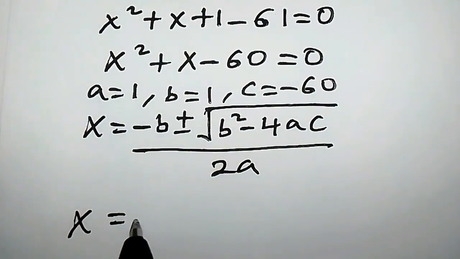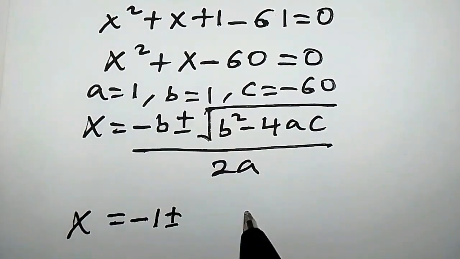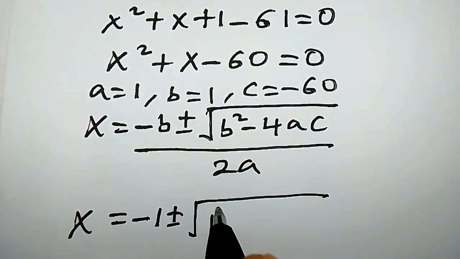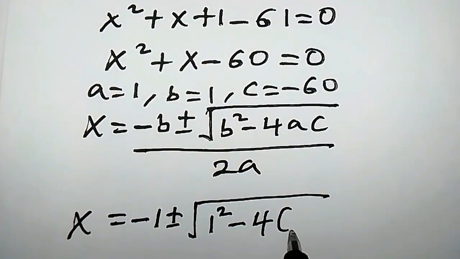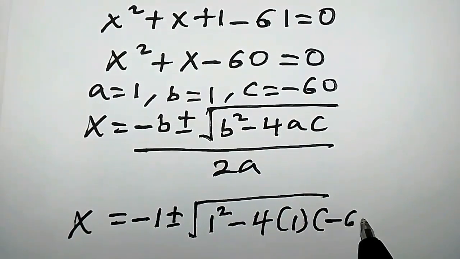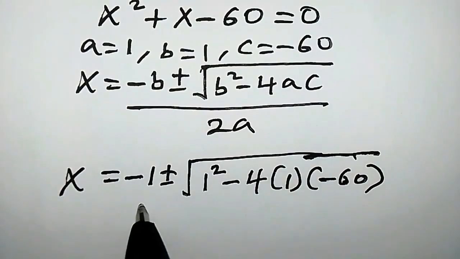x is equal to minus, what is b? b is 1, plus or minus square root of b squared, that will be 1 squared, minus 4 times, what is a? a is 1, times, what is c? c is negative 60. Let's continue.